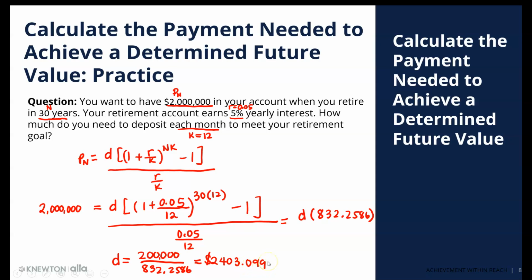Or you could round this off to the nearest 2 decimal places, and that will just give you $2,403.10.